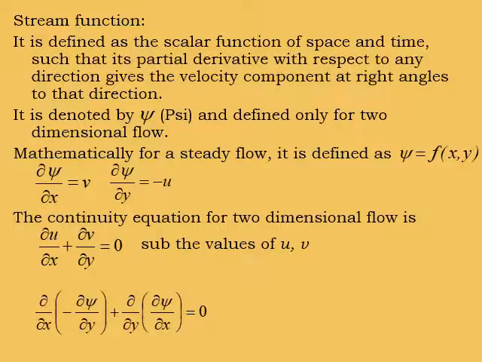Now this equation becomes ∂/∂x of minus ∂ψ/∂y plus ∂/∂y of ∂ψ/∂x is equal to 0, or ∂²ψ/∂x∂y minus ∂²ψ/∂x∂y is equal to 0. So this is the expression for stream function.